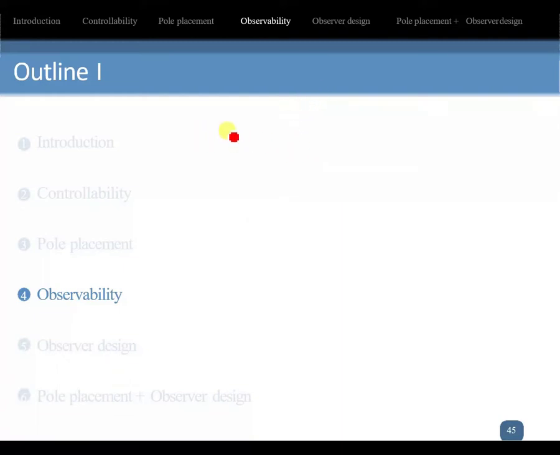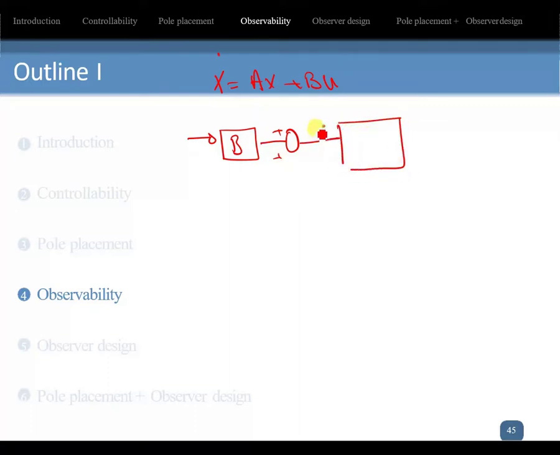I can write something here that is very important to understand better. If you have the system x dot equal to Ax plus Bu, this can be transferred to a block diagram with B, and here you have the sum, plus plus. Here you have the integrator giving x dot, and here you have x.